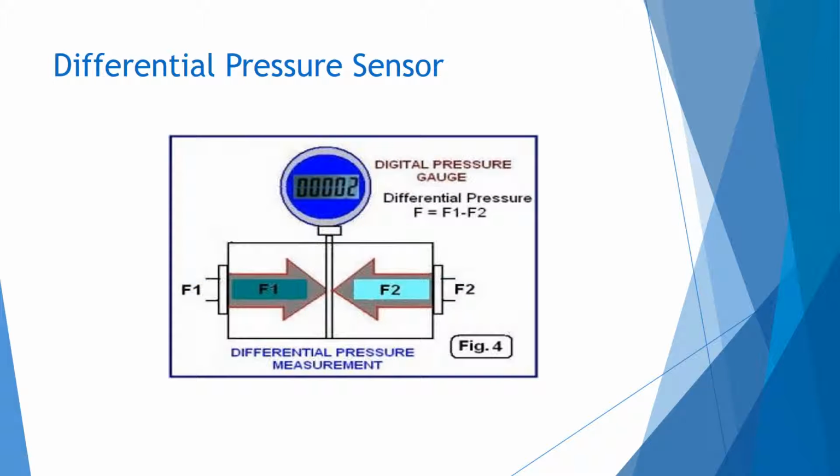Differential pressure sensor. The differential pressure sensor measures the differential pressure, which equals F1 minus F2. And this image shows the flow of the fluid.